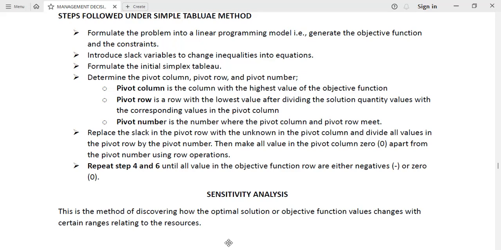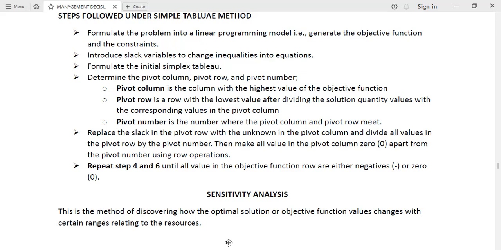In other words, after identifying the pivot number, we replace the slacks, because these slacks are going to be in a given column, by the number in the pivot column, where we are just looking at their corresponding values between the pivot row and the pivot column.